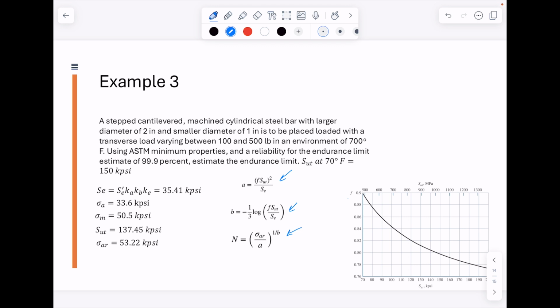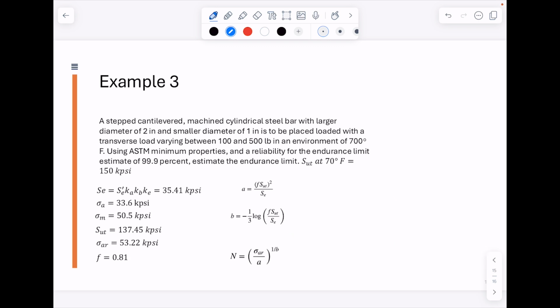And first, we're going to need to figure out what our f value is for this equation. And to do that, we just need to come here to where our ultimate strength is. We come up to the curve, and we'll see there that our f is equal to 0.81.